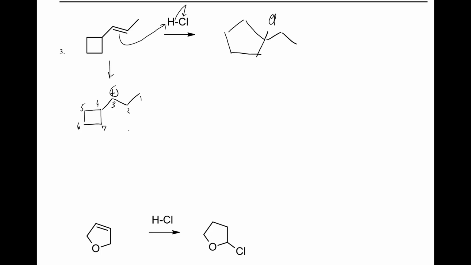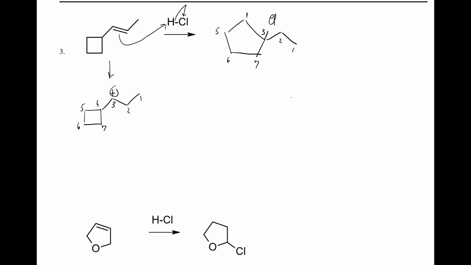Now if I number the carbons over here, 1, 2, 3, 4, 5, 6, 7, perhaps you get a sense of how things have changed. Carbons 1 and 2 are the same, but it appears that somehow now in our final structure, carbon number 7 is bound to carbon number 3.